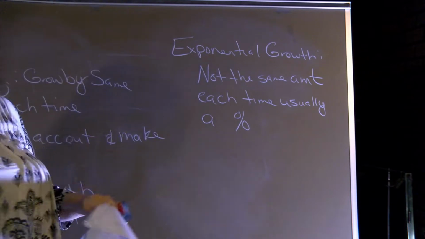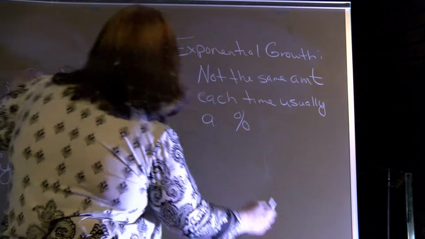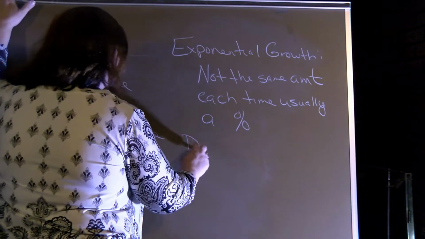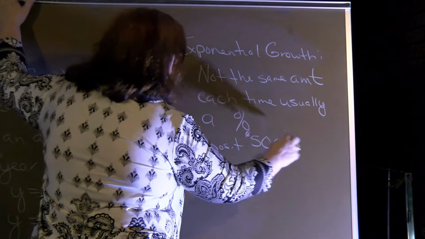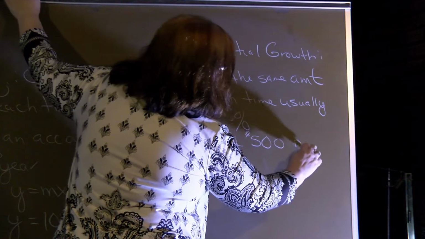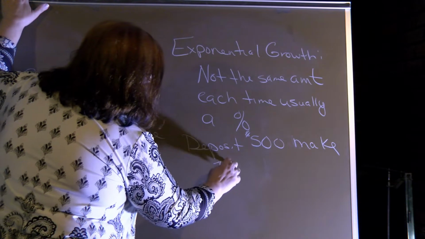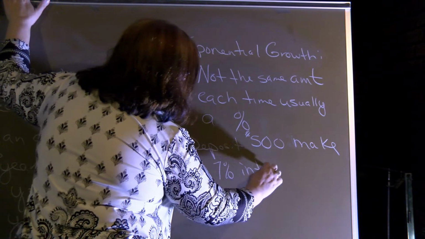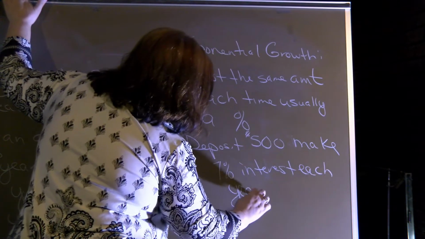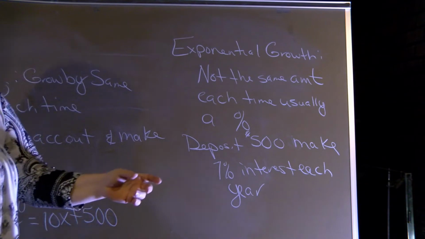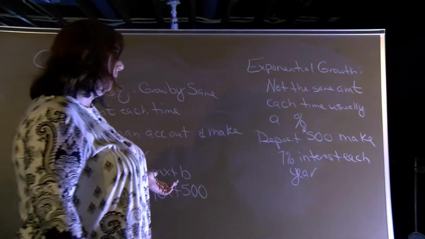So it's usually a percent. For instance, if we deposit the $500 and we make 7% interest each year, then you're not making the same amount every year because it's 7% of whatever's in there rather than the same amount.